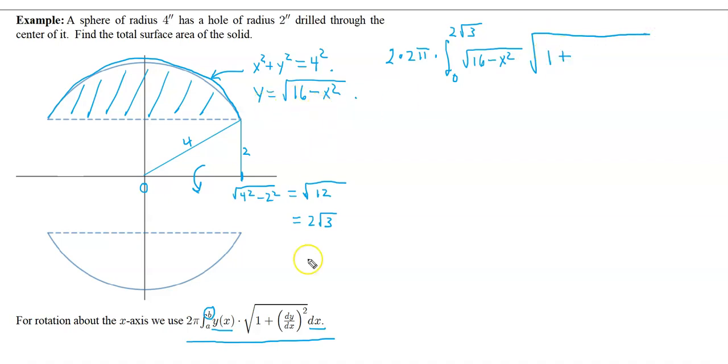Now we have to take the derivative of this with respect to x, put it in here, and square it. Also notice that I replaced the y with the square root of 16 minus x squared.